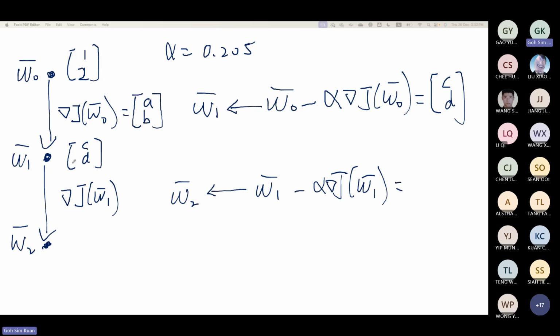So we have everything here. We have W1, we have the learning rate, we have the gradient J. Let's say this is EF. We will be able to substitute them into our expression. Eventually, let's say we obtain the solution GF.